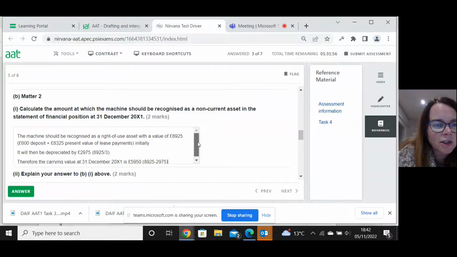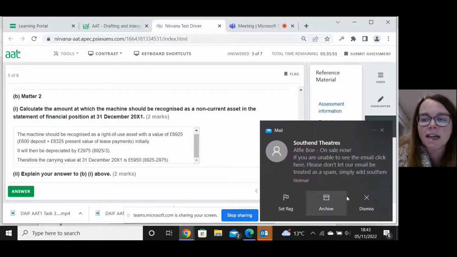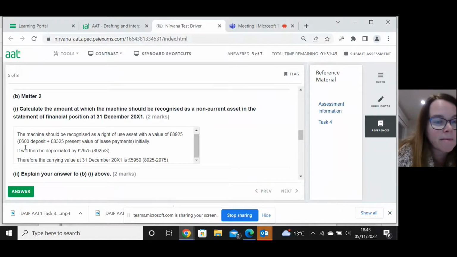Now, I've probably done too much there. If I look at their answer, it just says the machine should be recognised at 8,925 (8,325 plus 600) minus 2,975, and they've shown that working in brackets, which is therefore 5,950. I've written a little bit more than their answer, but I think I've just broken it down and really clearly shown that I know what I'm talking about, hopefully.